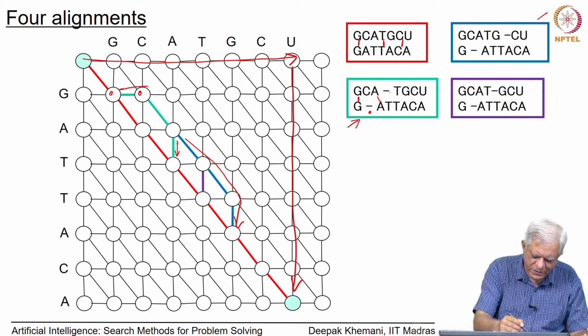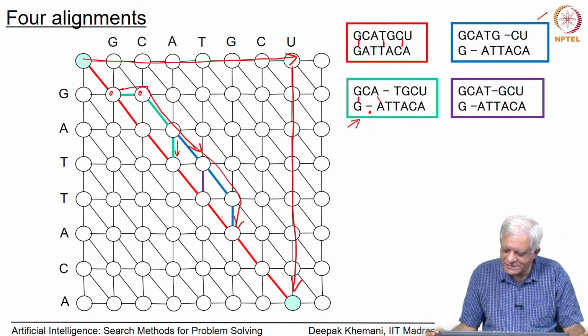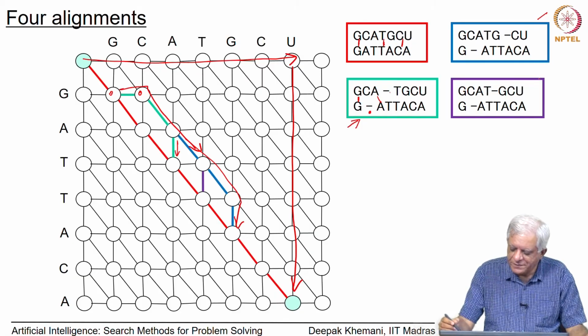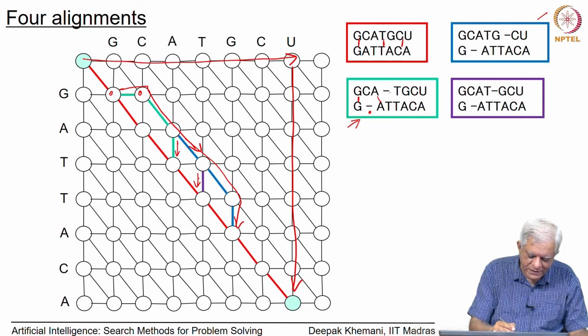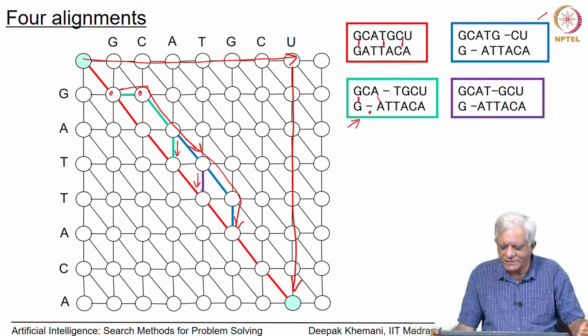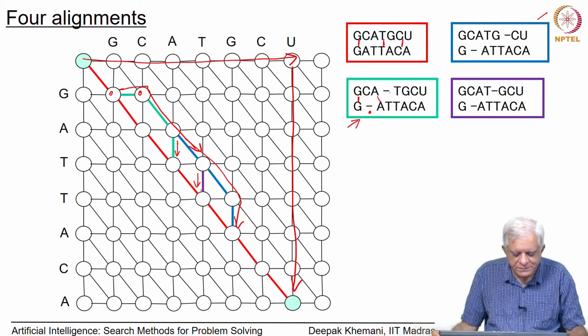So, you take off from there and then you again meet the diagonal at some place, and the fourth one is shown in purple, where you rejoin the diagonal at this stage here, and you can see that these are the 4 possible different paths essentially.